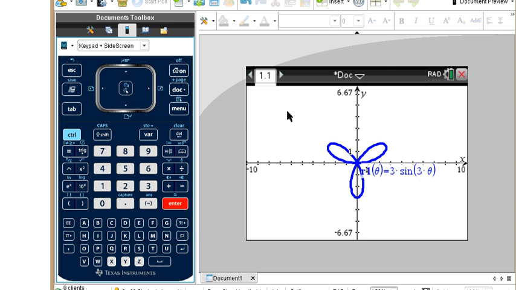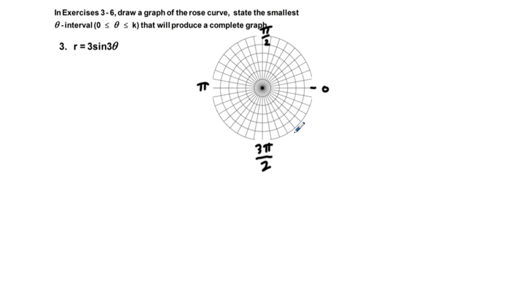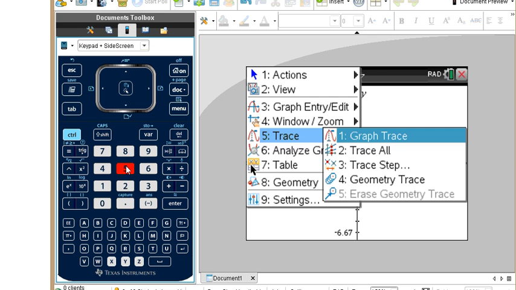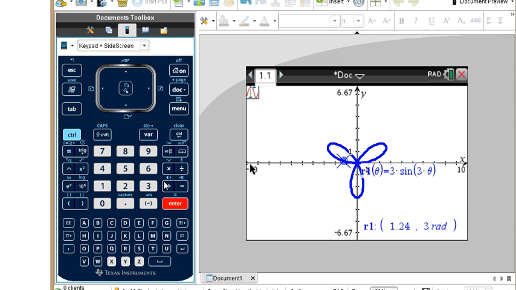And so graphing this out on the polar coordinate plane, let me get some red. It's right here. We can do a trace.